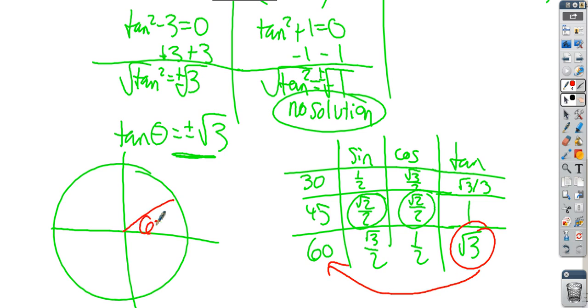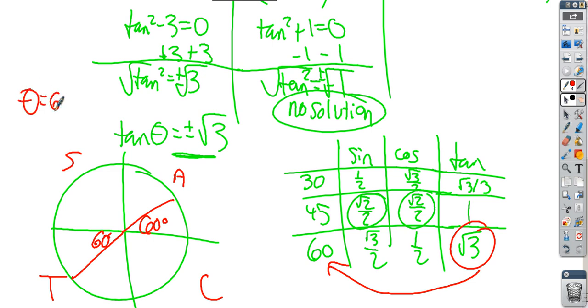So one of them is right here, and all students take calculus. The other place where tangent is positive is in this quadrant right here. You can see that red line. Tangent's like the slope. It's sine over cosine. Sine is the y, cosine is the x. So you can see the slope in those 2 red zones that I just put is identical. Okay, so let's get our 2 solutions.